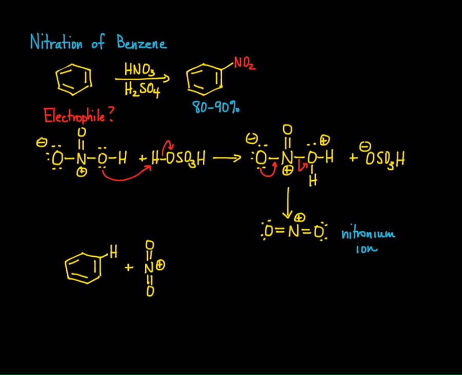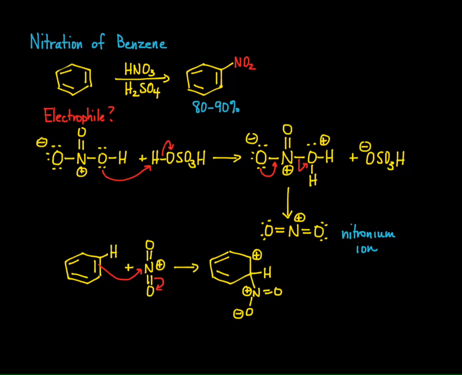Benzene will react with that nitronium ion, and it will react with it at the nitrogen. A pair of pi electrons, right, attacks the nitrogen, and of course nitrogen can only have 8 electrons around it, and so we have to break one of the nitrogen-oxygen double bonds by placing a pair of pi electrons onto the oxygen.